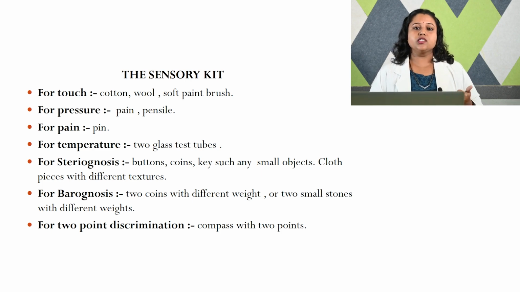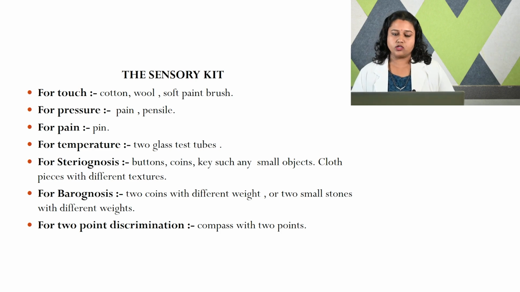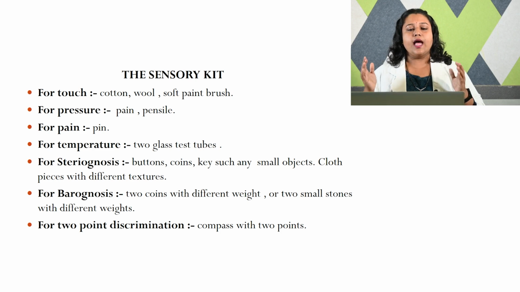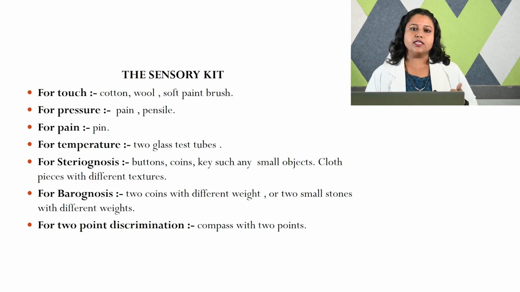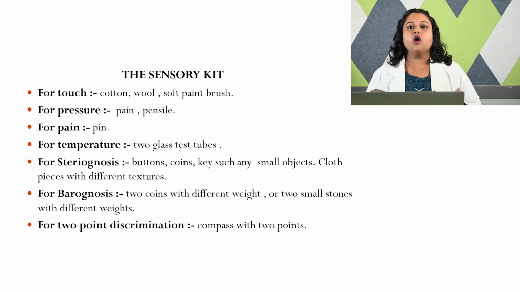For touch sensation we need cotton wool or a soft paint brush. Take any empty box and make your own sensory kit. For touch sensation, put in the cotton wool or the soft paint brush.